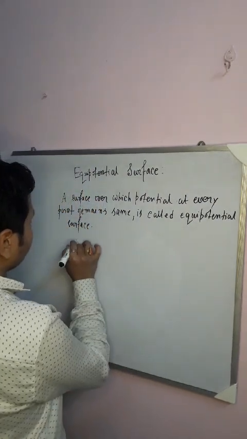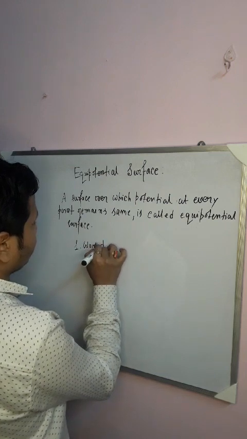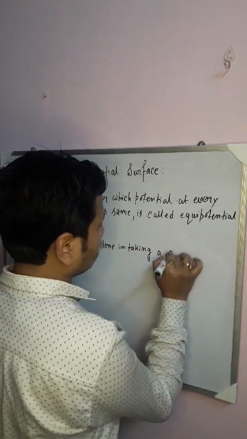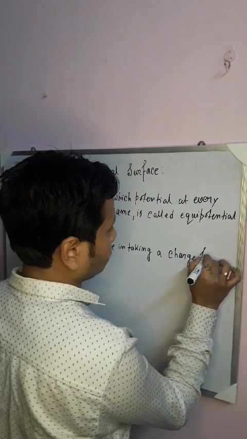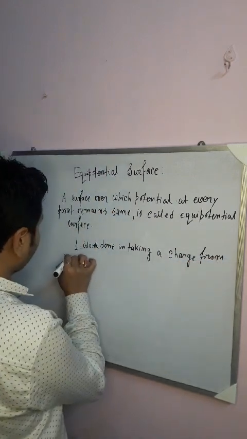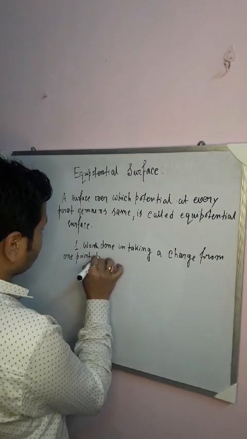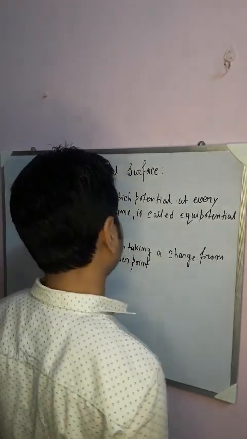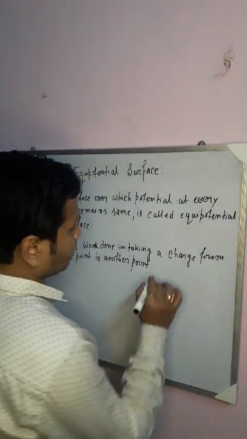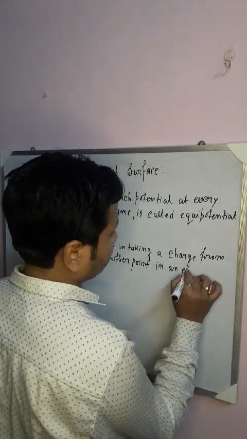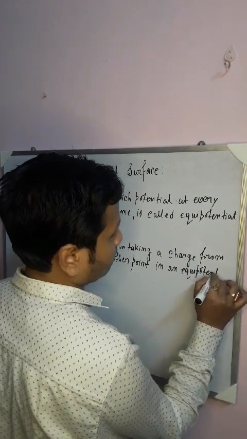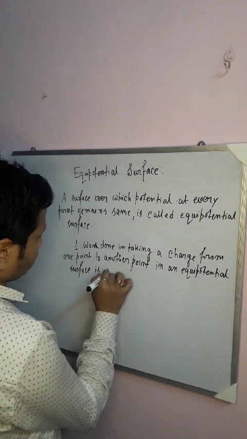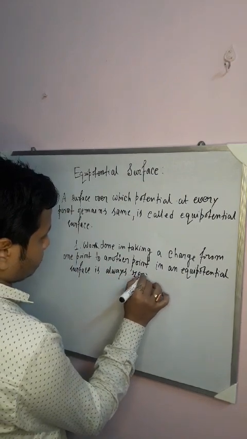So the first property is that the work done in taking a charge from one point to another point in an equipotential surface is always zero.